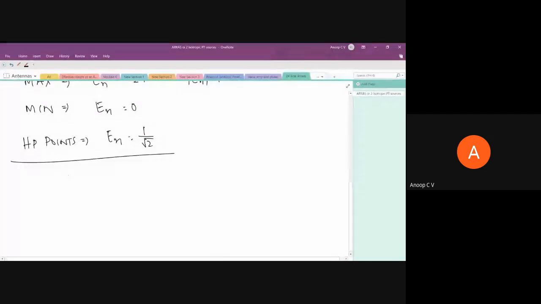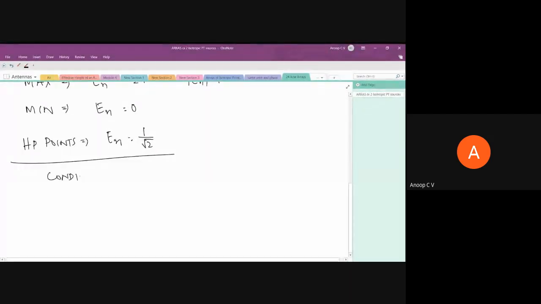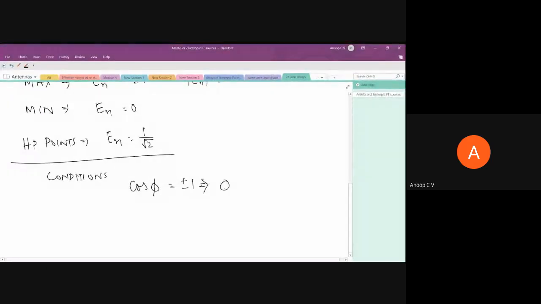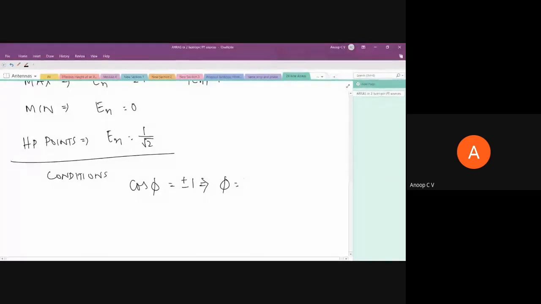If cos phi is equal to plus or minus 1, it implies phi should be plus or minus k times pi, where k can be 0, 1, 2, etc. So when phi is 0, pi, 2 pi, 3 pi, 4 pi, whatever it is, integer multiples of pi, the value of cos phi will be plus or minus 1.